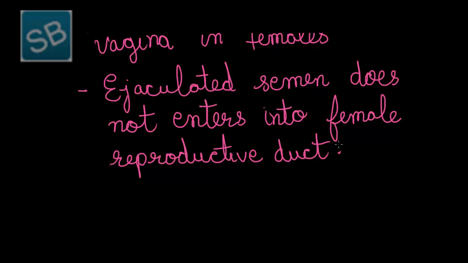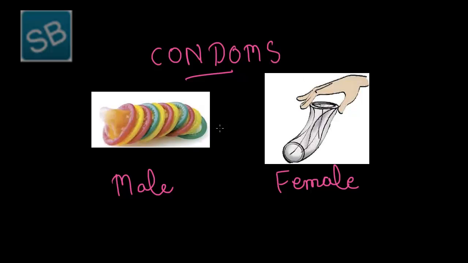Thus, these condoms can be used in both males and females. This figure depicts the structure of condoms in case of male and female. The second type of physical barrier method includes the diaphragm. This is a structure which can be used only in the case of females.